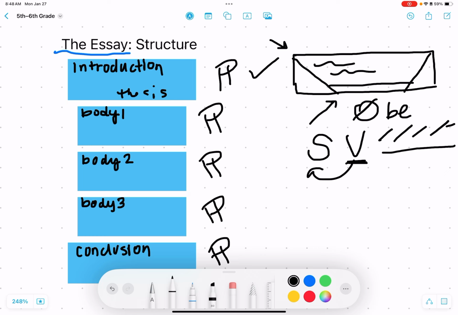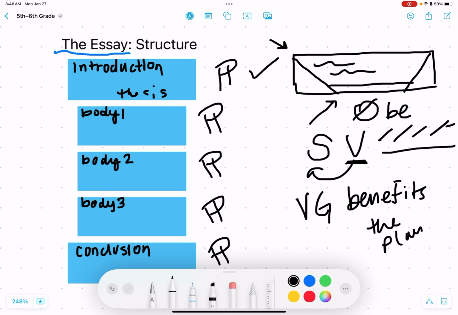But then when I get to my thesis, the subject of my thesis needs to be video games. And then my verb is going to be benefits. And then the rest of the sentence is just going to say the player in many ways. That is going to go right here. That is my thesis, the last sentence of my introductory paragraph.